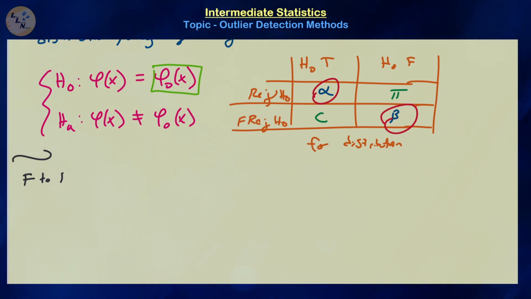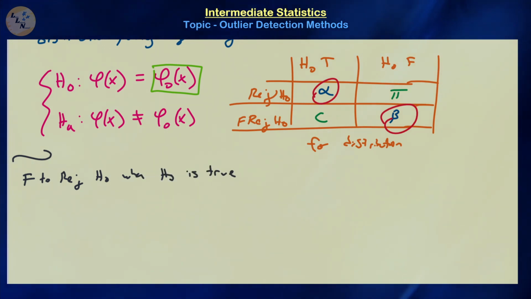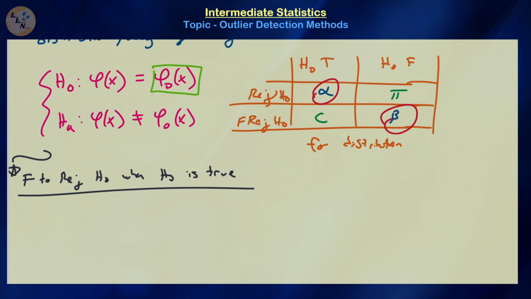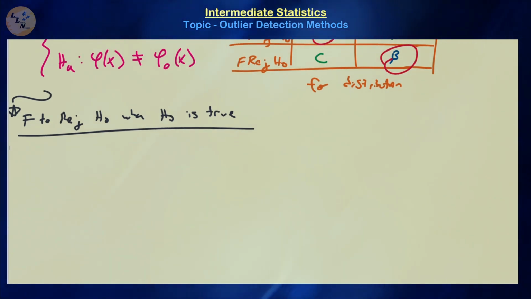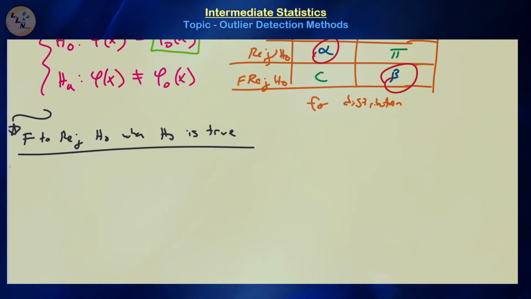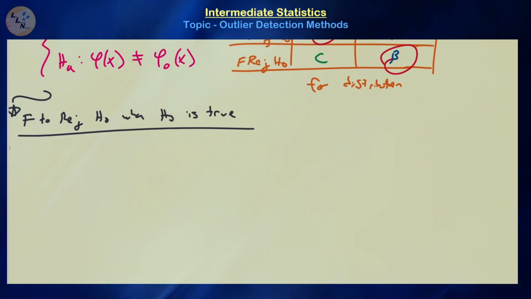So failing to reject the null hypothesis when the null hypothesis is true. That is the most ideal case usually in the hypothesis testing spectrum. So once you are able to do that, hopefully, then comes stage 2 of the outlier detection process.